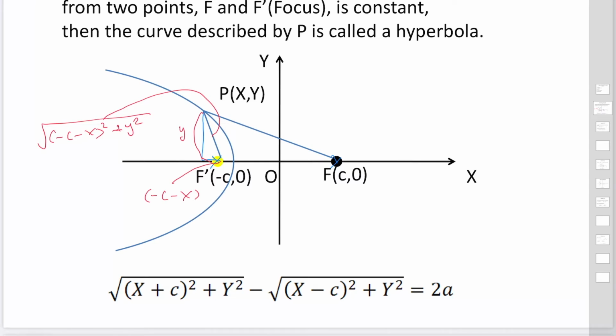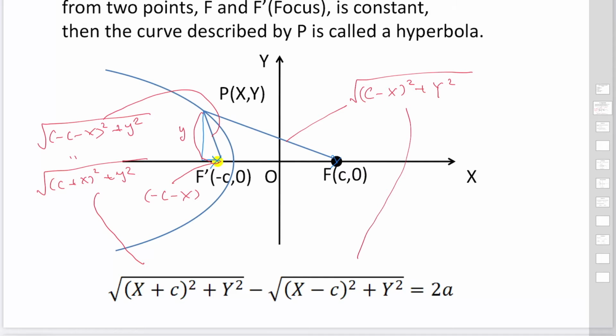This is equal to the square root of (c plus x) squared plus y squared. This corresponds to the first term. And the second term is expressed as the square root of (c minus x) squared plus y squared, corresponding to this term.